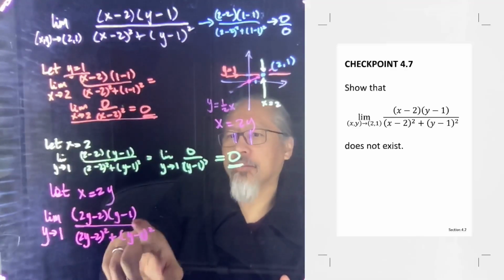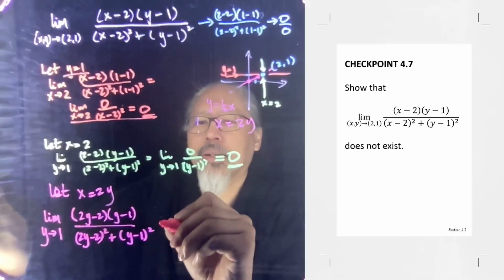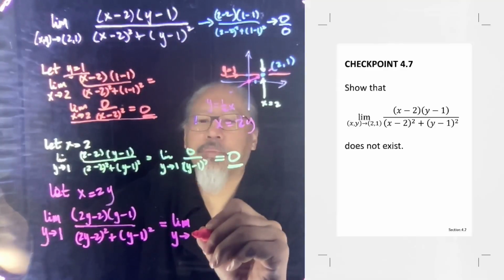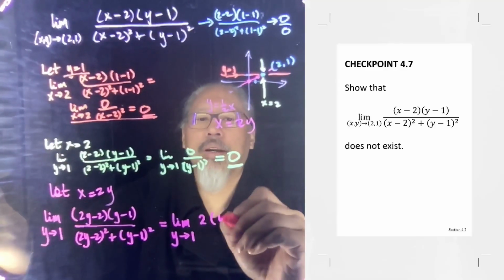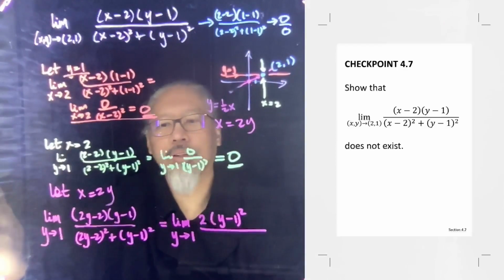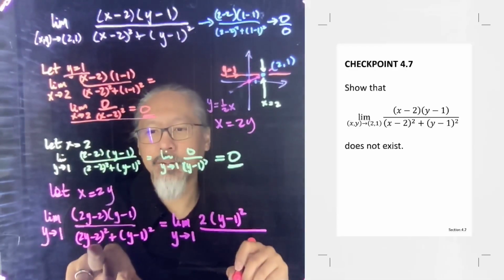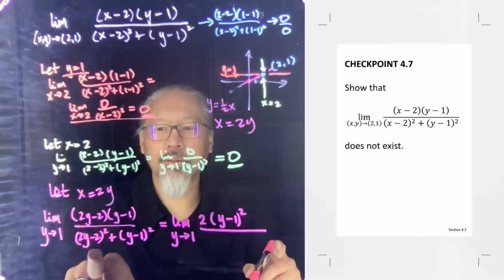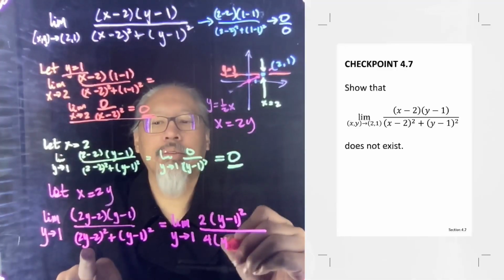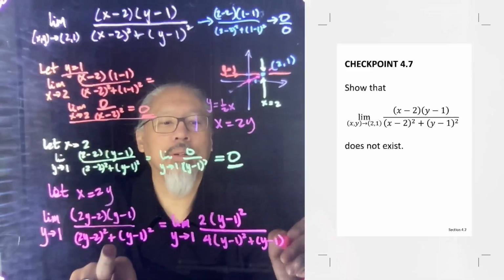I'm going to be slightly unconventional and factor things out. Like for the first one, for the numerator, I will factor out a 2. So I have a y minus 1 times y minus 1. So let's just call that a y minus 1 squared for the numerator. For the denominator, I'm going to factor out a 2 from the first one, which is actually a 2 squared. So let's call that a 4 factored out, and then I have a y minus 1 squared plus y minus 1 squared.